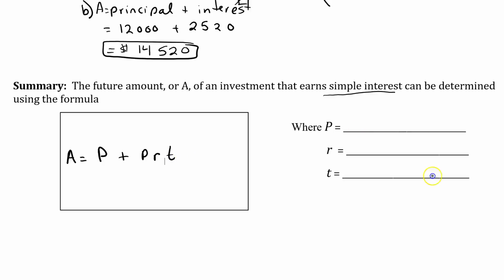So where P is the principal, R is the interest rate, as a decimal, and t is time in years.